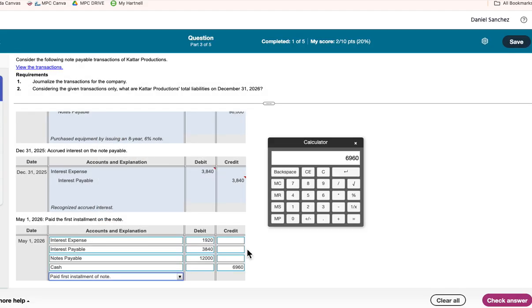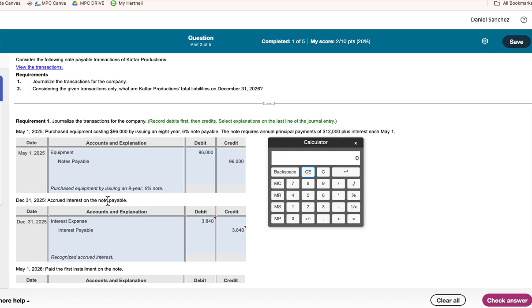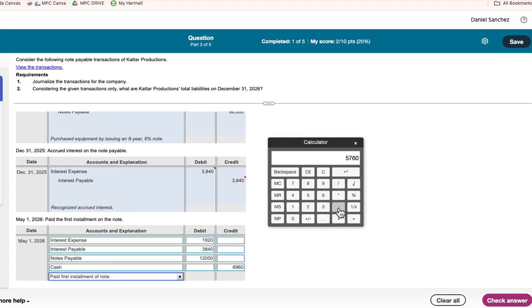And still wrong. Why are we wrong here? Let's see if my interest expense is off. So we're going to do this all over again. 96,000 times 0.06, and that equals that number. And then I'm going to subtract my interest payable from it, minus 3840. 1920.